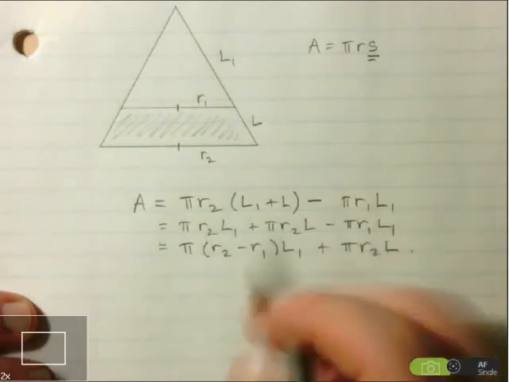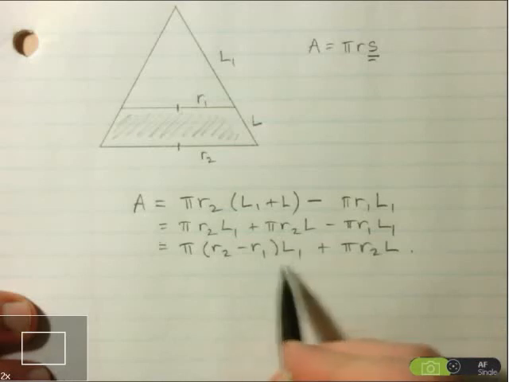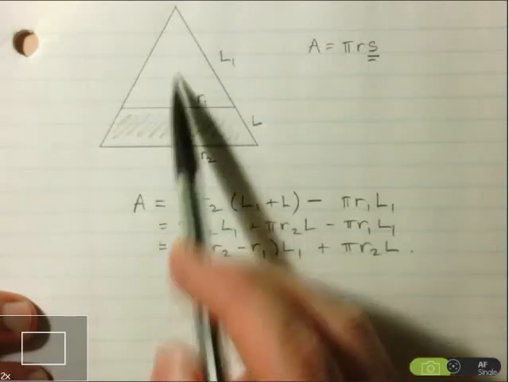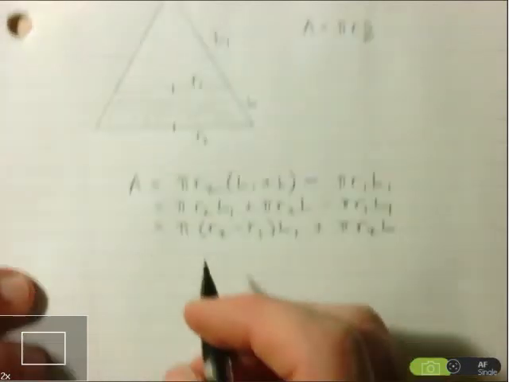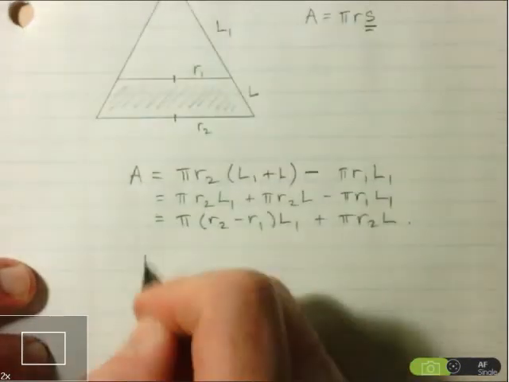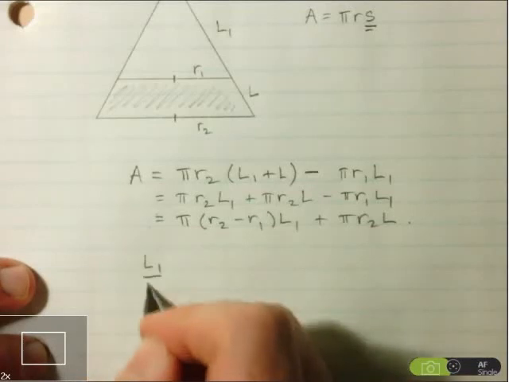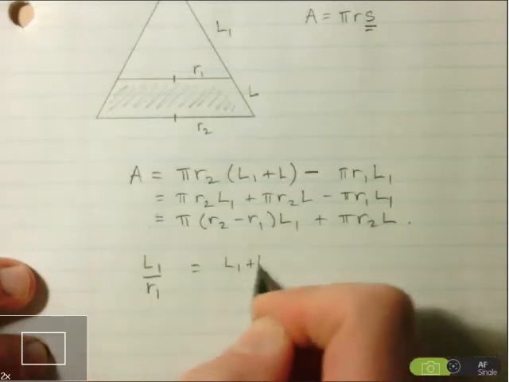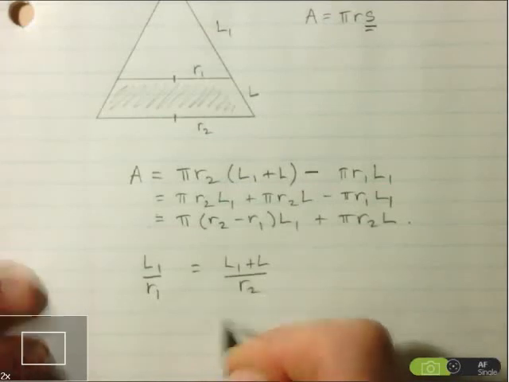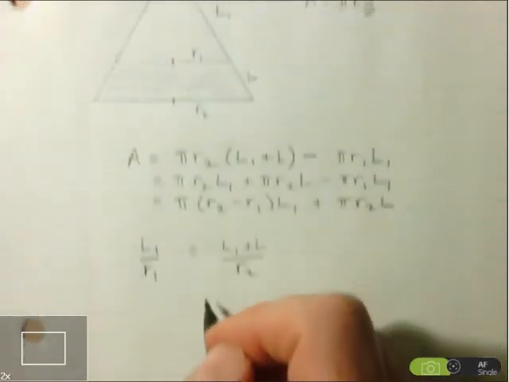Our goal here is to somehow get rid of this L1, and we're going to use the fact that we've got similar triangles in that diagram. So let's work with that. We'll create a proportion: L1 over R1 is going to be equal to L1 plus L over R2. Let's do a bit of algebra and see where that takes us.